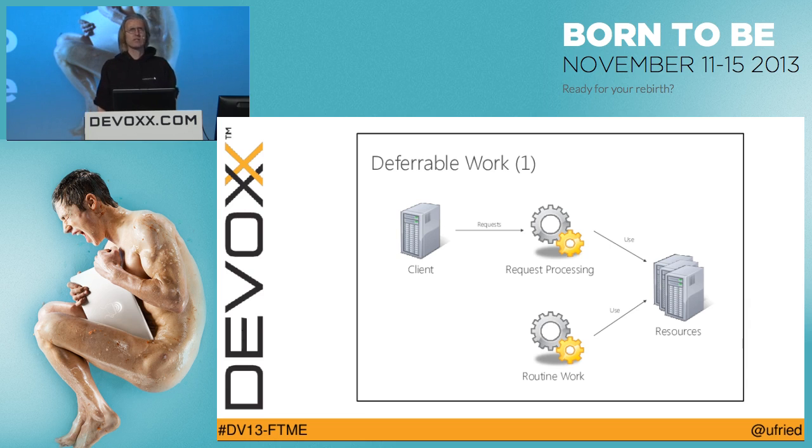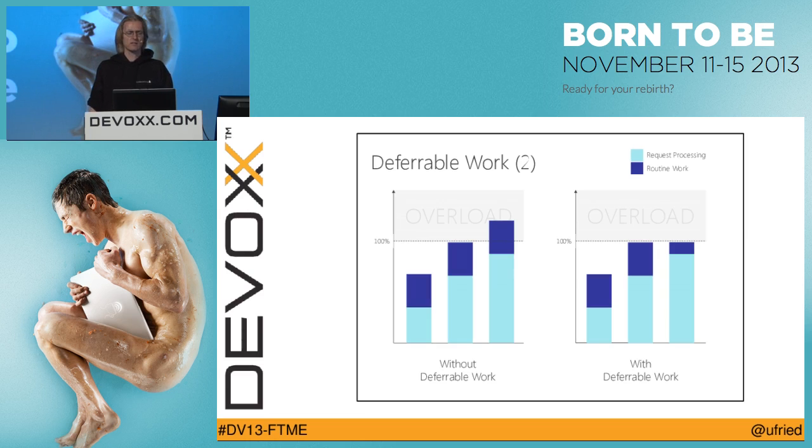And what you can see there, if you don't use the deferrable work pattern, is a load situation like that. If your load is low, everything's nice. If your online load is getting higher, up to a certain point, it's still nice. But then, if your online load, so your request processing, is getting even higher, you get into an overload situation, even though the requests themselves wouldn't cause that.